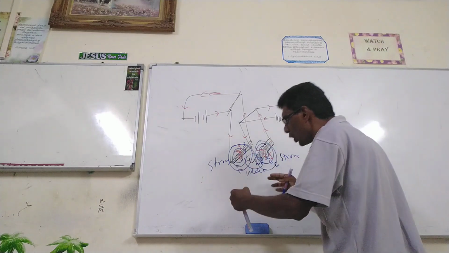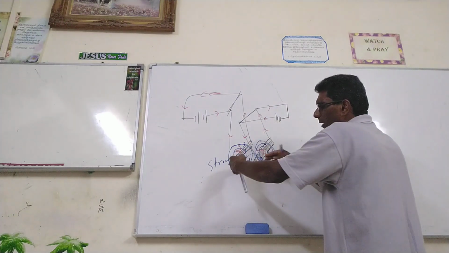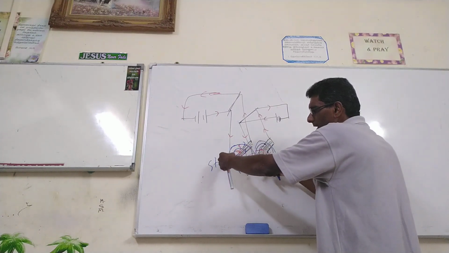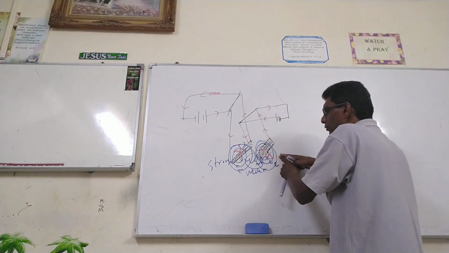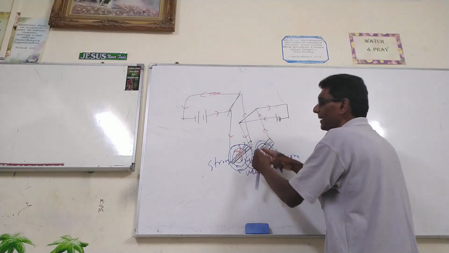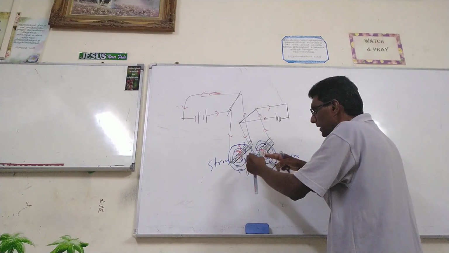The strong fields outside never cancel each other, so the magnetic field never meets. This magnetic field is outside here, this one outside here, so they never meet. But in the center portion, the magnetic fields meet each other, so they cancel.